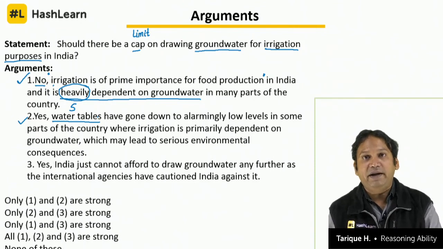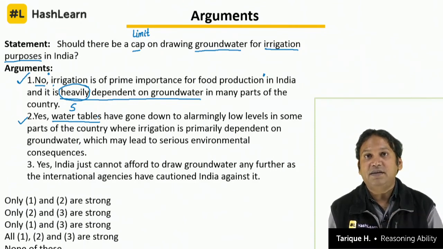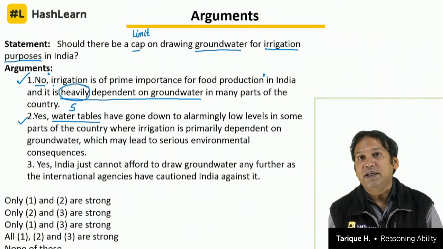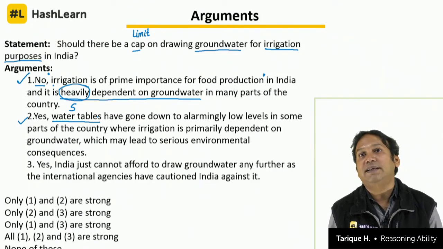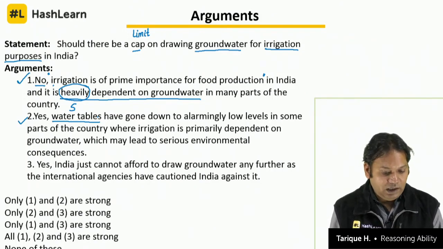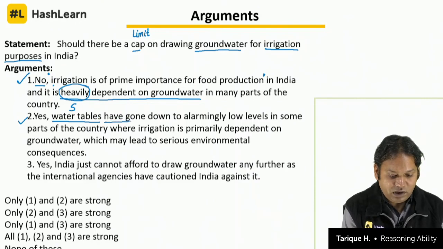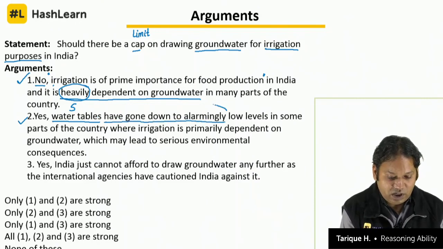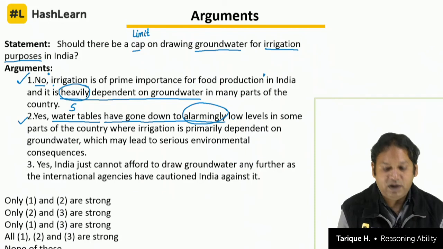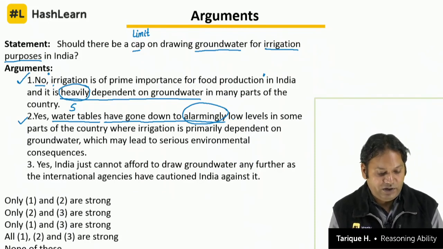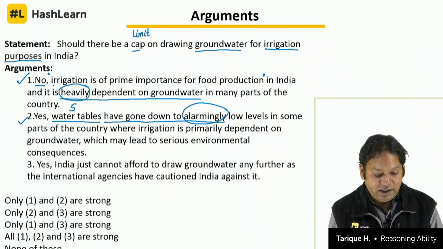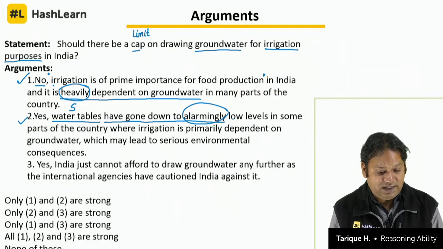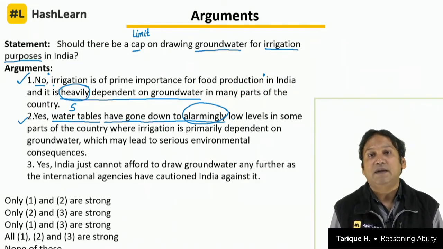There is a water bed beneath the surface of the earth, which is called the groundwater, and the level of that is what is called the groundwater table. The water table has gone down alarmingly, not just gone down, again the key word is alarmingly low levels in some parts of the country where irrigation is primarily dependent on groundwater, which may lead to serious environmental consequences.